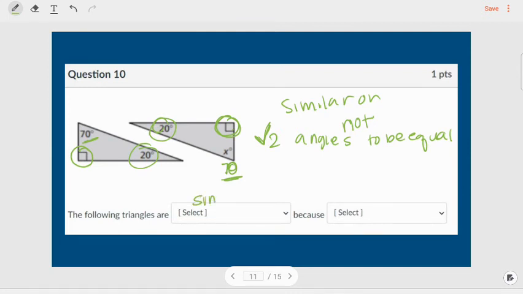So I'm going to select these triangles are similar because they have two pairs of congruent angles. And if they only have one pair of congruent angles, that's not enough. It has to be two.